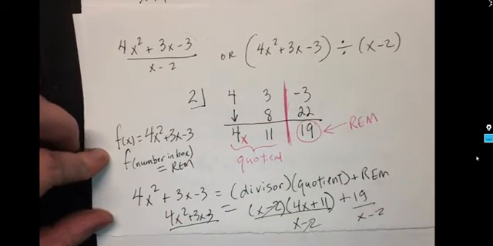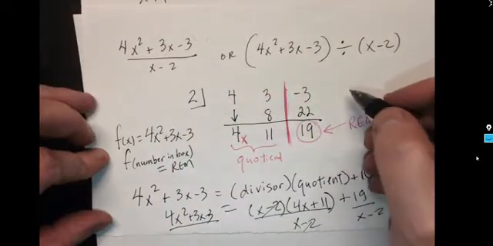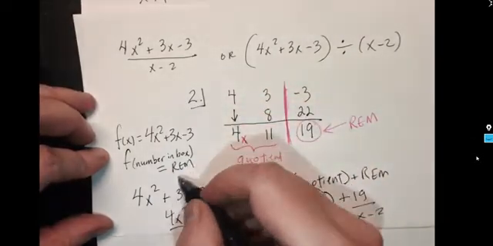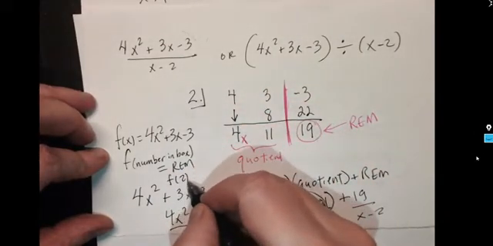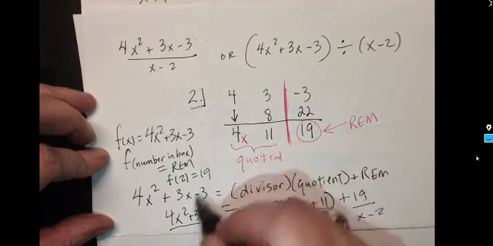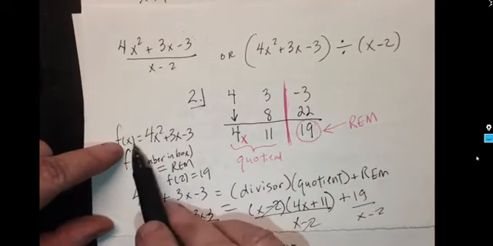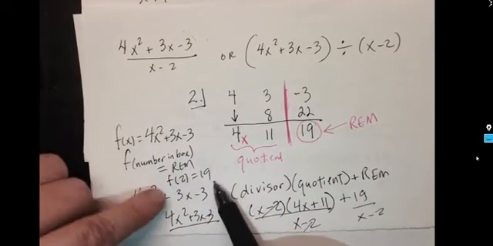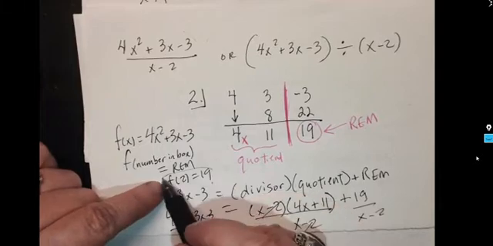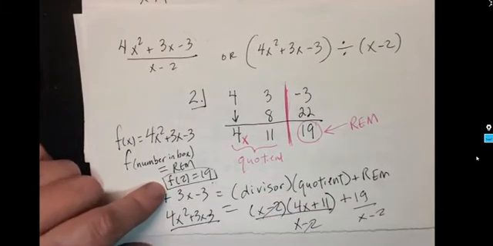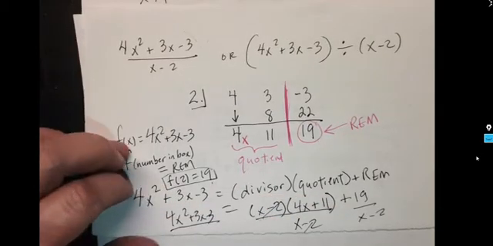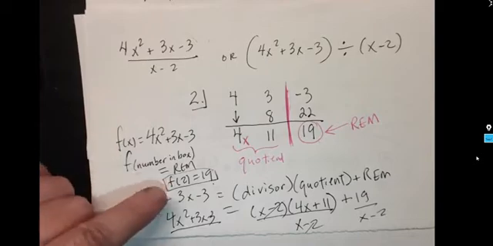And if you've already done synthetic division, f evaluated at 2 is equal to 19. And you could actually go back through that and plug 2 into this, and you would get positive 19. And we will see what we do with this later on.